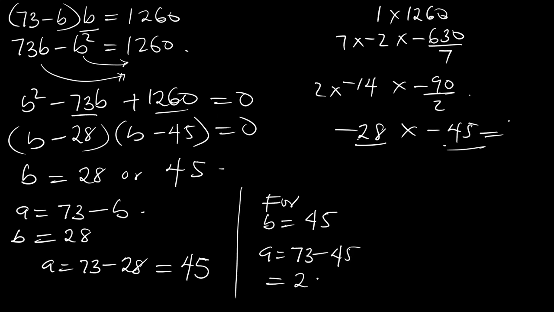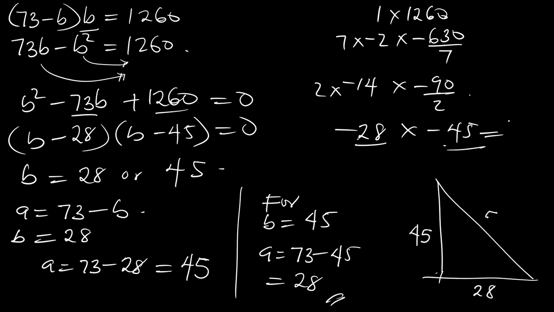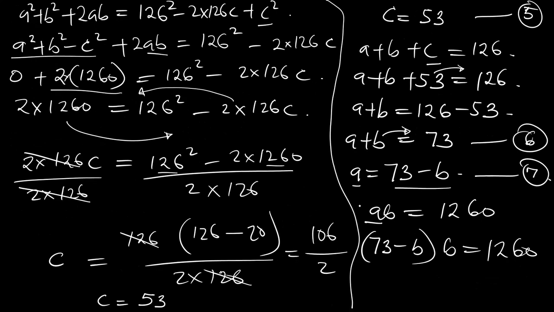This will give us 28. So that means the sides you have are 45, 28, and here is 53, because we got C as 53 here.